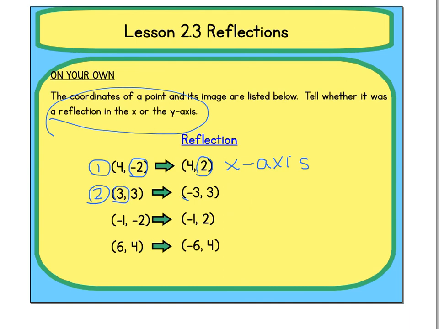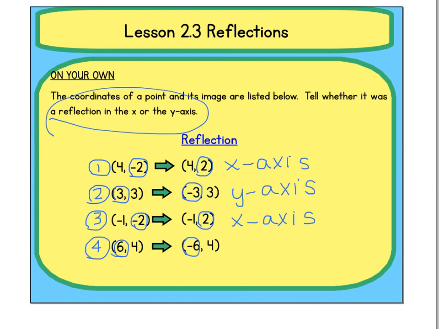You'll notice that the x changed, which means we reflected across the y-axis. On number 3, which one changed? The y value changed, which means we reflected across the x-axis. And finally, number 4, which one changed? Our x changed, which means we've reflected across the y-axis.